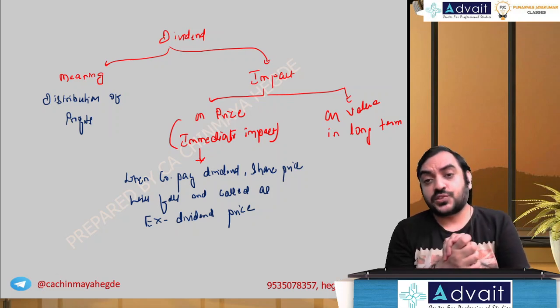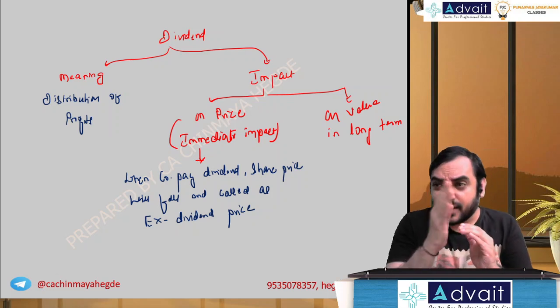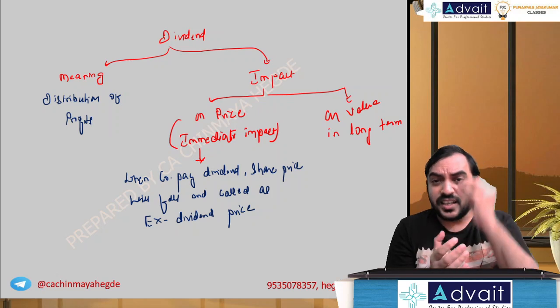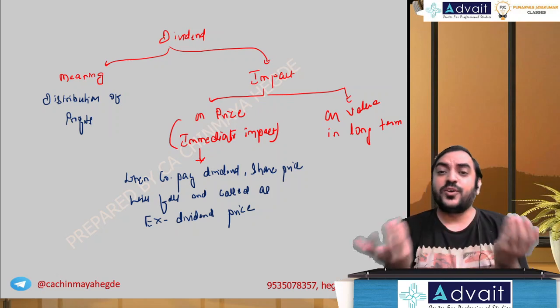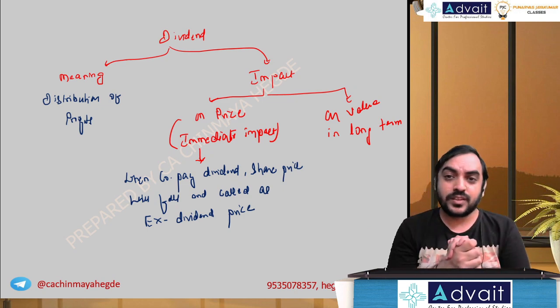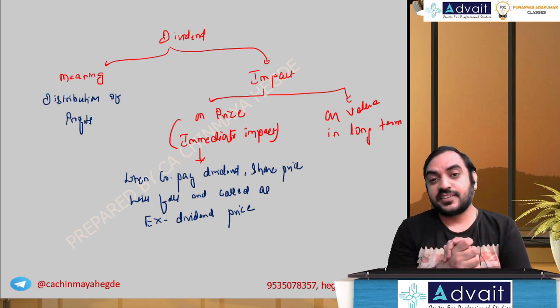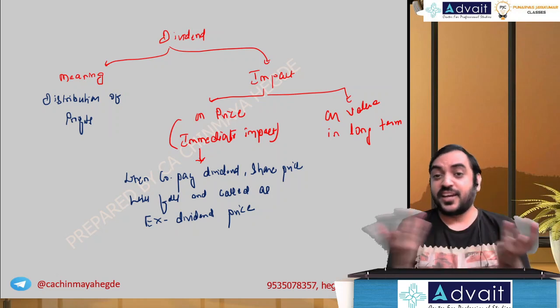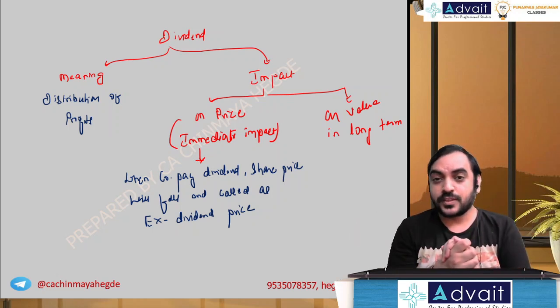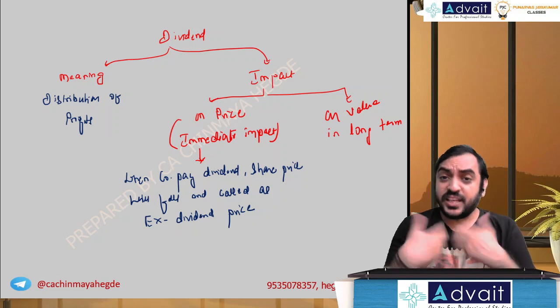Companies like Infosys pay regular dividend, at least 3-4 times, and they are only into the IT sector. Reliance pays hardly any dividends. They are into every sector. They believe in reinvestment.